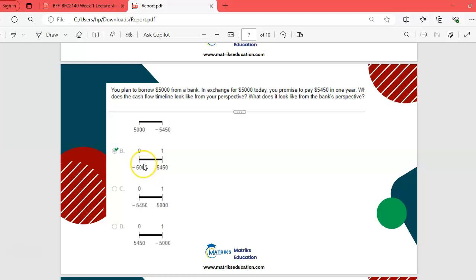You are not investing, you are borrowing money. And the next year, the total will be 5,450, because the bank will receive from you the loan as well as the interest. So this is what the cash flow timeline looks like if you are borrowing money, if you're taking a loan from the bank.